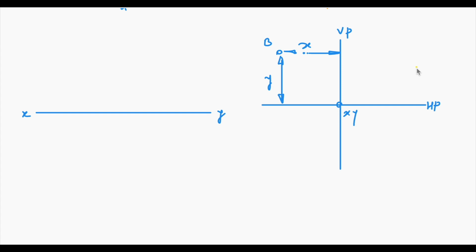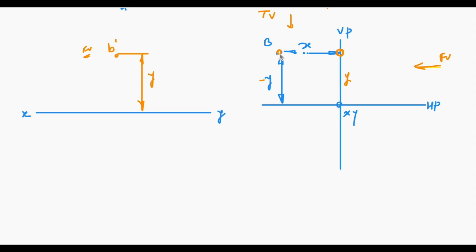Now to draw front view and top view. When you look in the front direction, the front view will be projected over here. Distance above HP is y, same distance will be considered for front view. So this is going to be B dash, front view denoted by B dash, and this distance is going to be y.